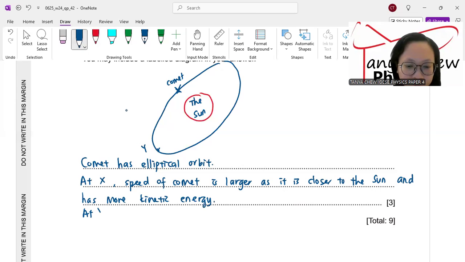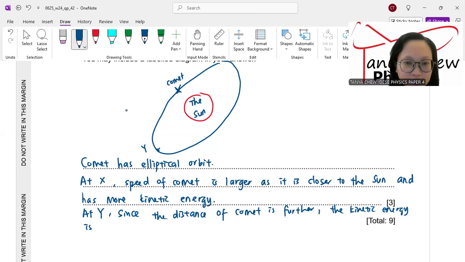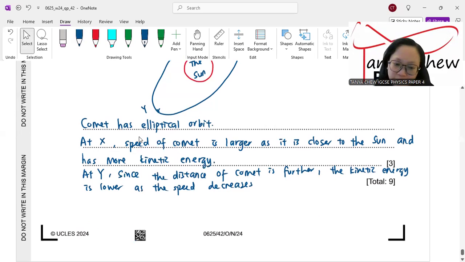At y, since the distance of comet is further, the kinetic energy is lesser as the speed decreases. So they asked us to use the principle of conservation of energy.